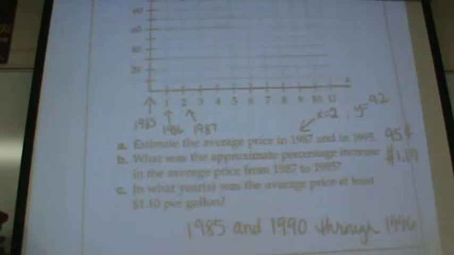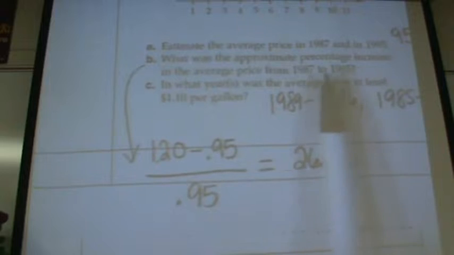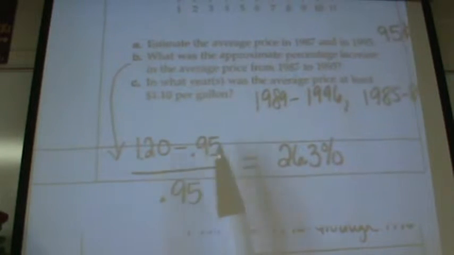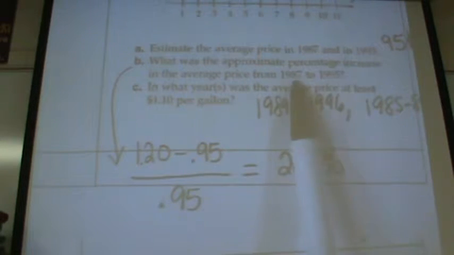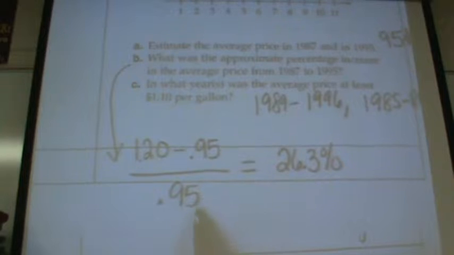Okay, the next thing they're asking is what's the percent increase from the year 1987 to 1995? Well, how do you do that? You have to figure out the two prices in those 2 years and subtract them, and then you divide by the first. They want to know from 87 to 95, so 87 is the first, and that price is 95 cents.